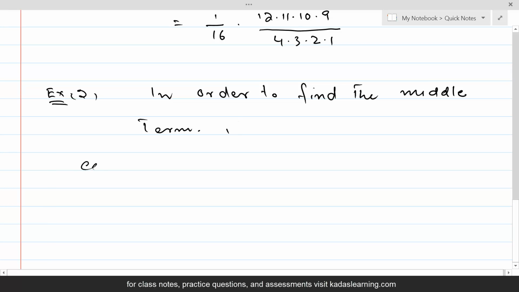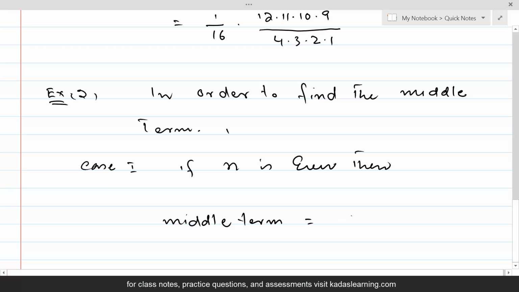Case 1: if n, the index, is even, then the middle term is the (n/2 + 1)th term. So if n is equal to 12, then 12/2 equals 6, plus 1, so the 7th term would be the middle term.